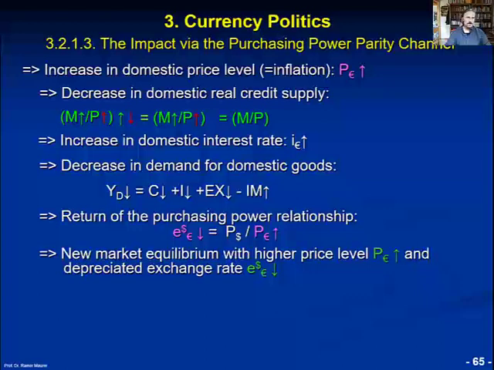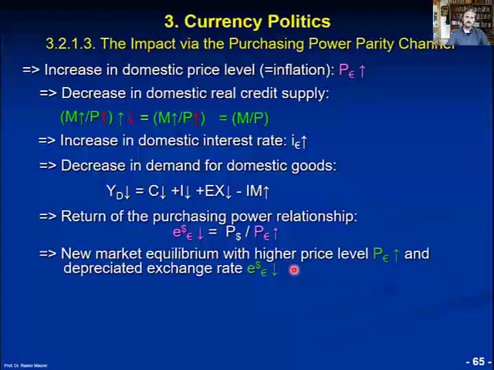This means we have now a new market equilibrium where the domestic price level is higher and stays on this higher level, and the domestic exchange rate against the dollar is lower and stays on this lower exchange rate level. Of course, it is also possible to use this purchasing power parity channel in the opposite direction.